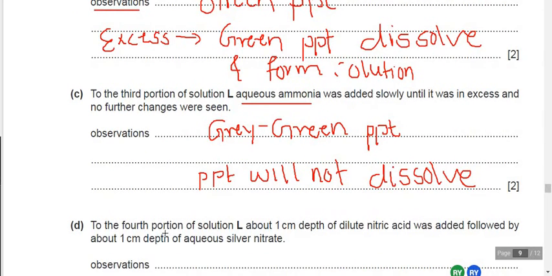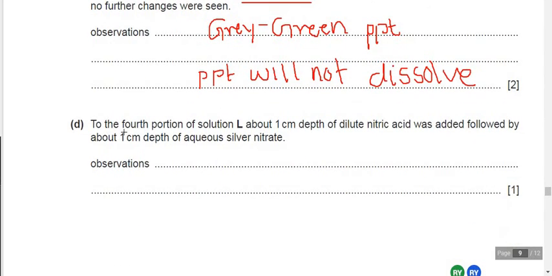Now moving to the D part, the fourth portion of solution L, in that you are adding dilute nitric acid followed by adding 1 centimeter depth of silver nitrate. So whenever we add nitric acid followed by silver nitrate, this is a test for halides, and here we have chloride as a halide ion.